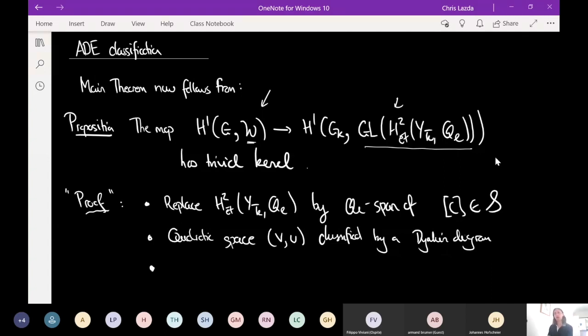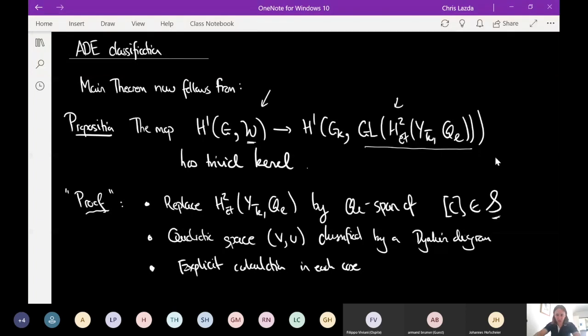Essentially the point is that the -2 curves that you get are going to form some kind of ADE configuration, classified by some Dynkin diagram, and then you can just do an explicit calculation in each case. There's a fairly simple classification of all the possible Galois actions that you can get in each case, and you can just work out what these sets are and what the map between them is.